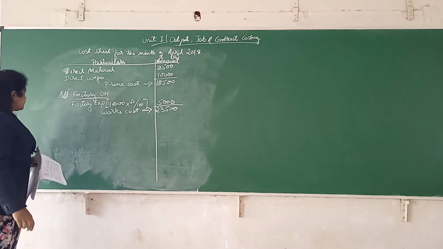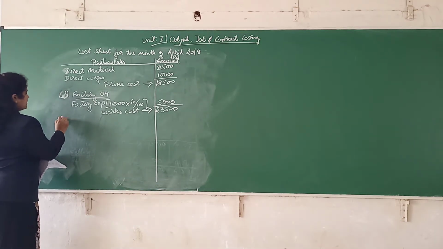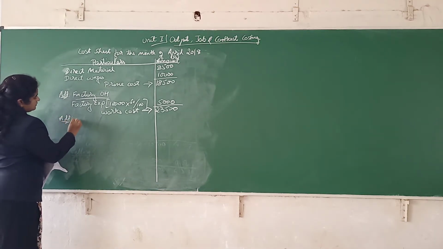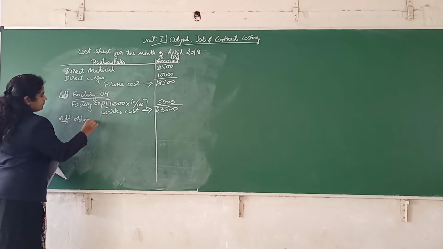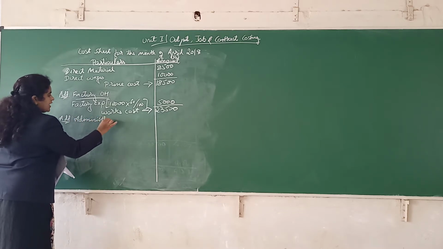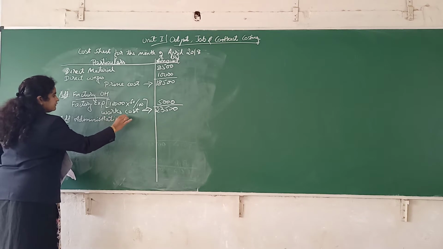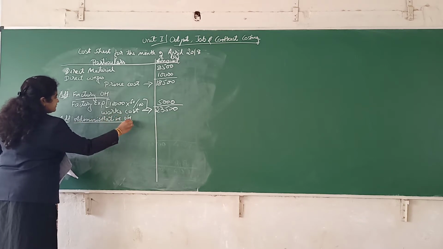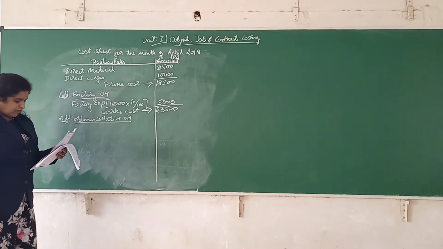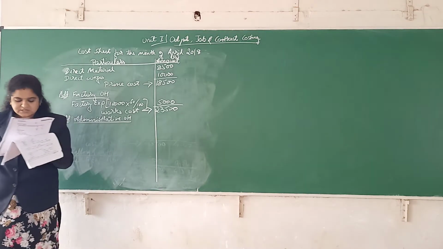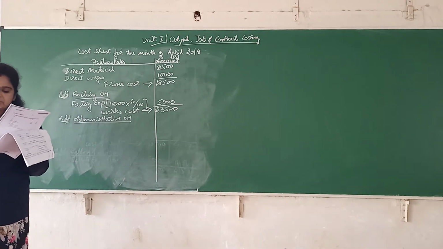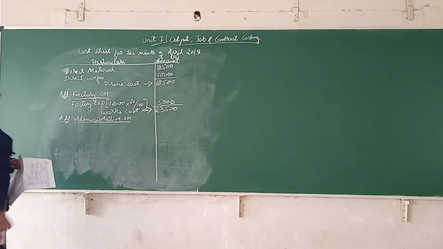Now next is add administrative overheads. What have given administrative overheads? Office expenses 20% on factory cost.